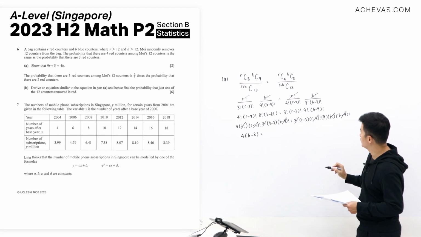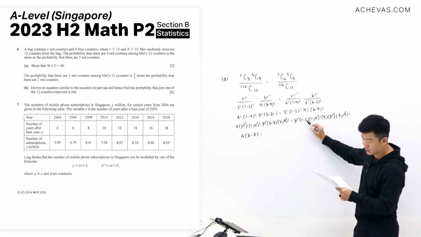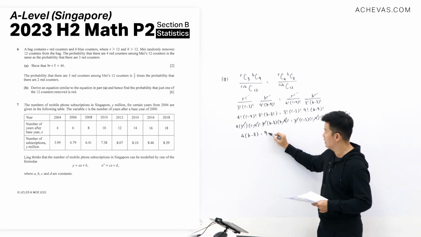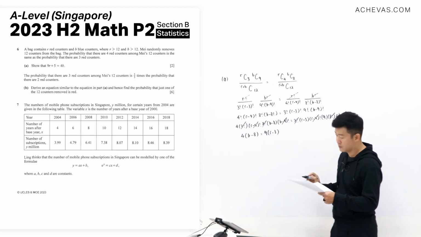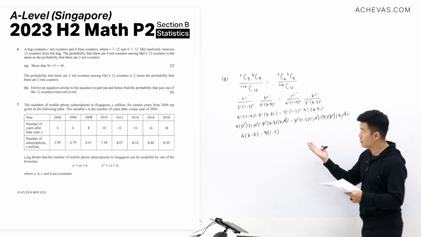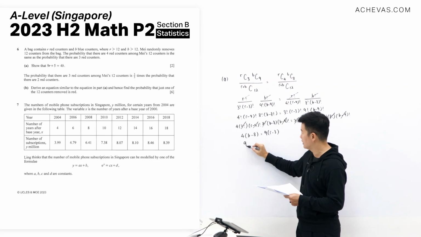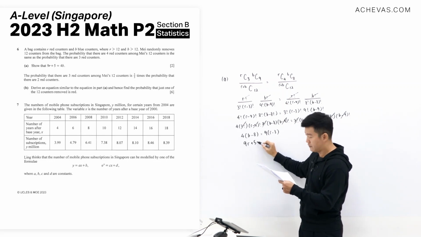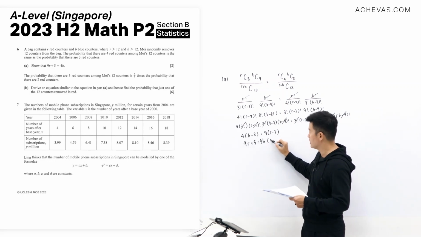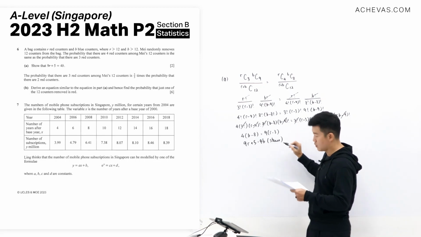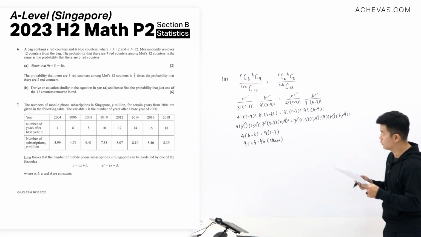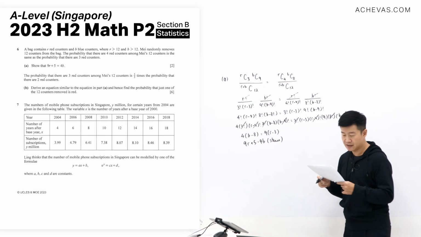This is going to be equal to, on the right, 9 times R minus 3. So 9 of R minus 3. If you rearrange this, you will get 9R plus 5 is equal to 4B. Okay, and this is what the question is requiring us to show. So this, done.